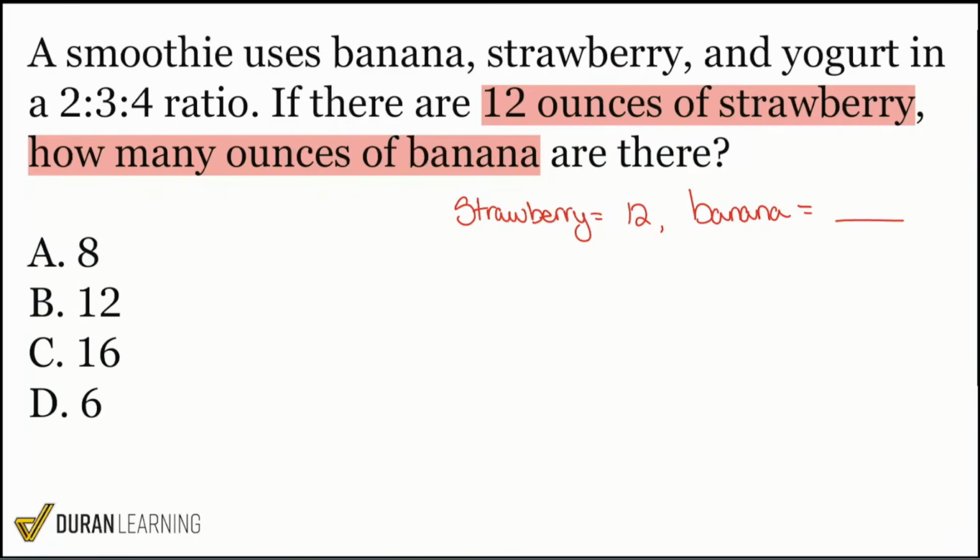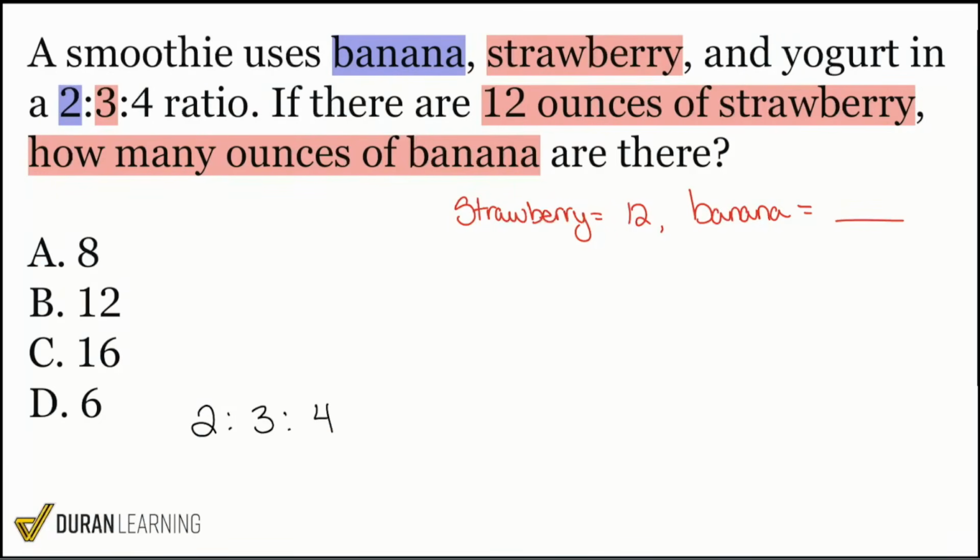I got you. First, I'm going to write down that ratio, 2:3:4. Remember, everyone, when we read ratios, we respect the order that it's written in. So I see that the first item listed is banana, and that's where the 2 is connected. The second item listed is strawberry. That's where the 3 comes in.